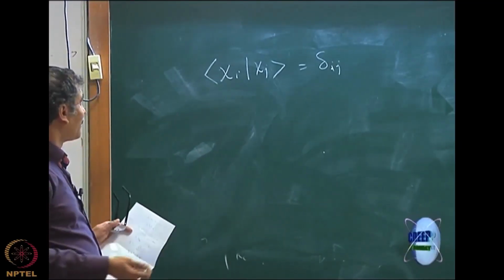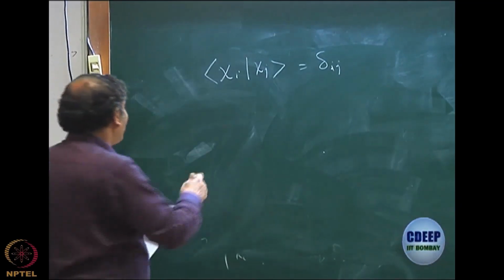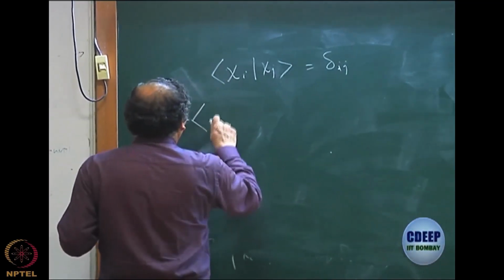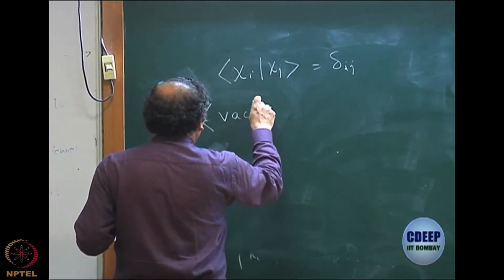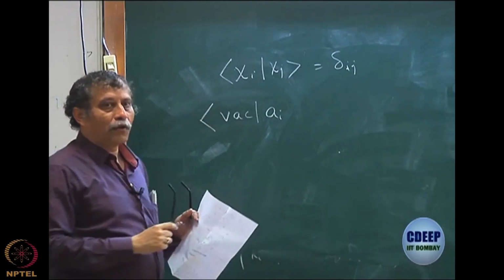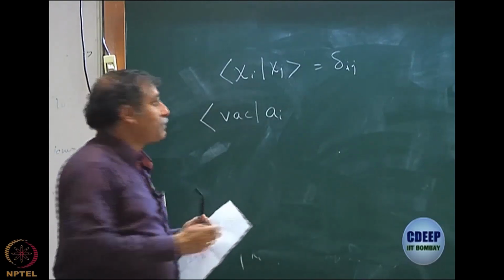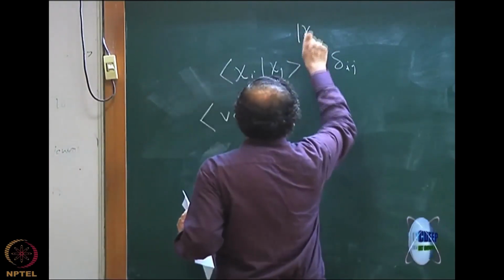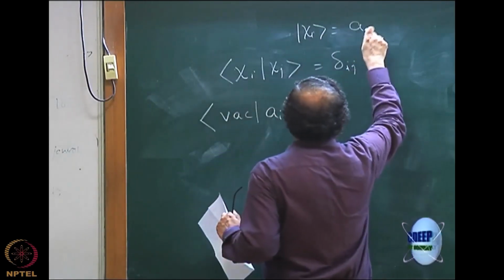I hope all of you can do it, but let me just solve it. What is the adjoint of chi_i? Remember, chi_i ket is a_i dagger acting on the vacuum, correct?